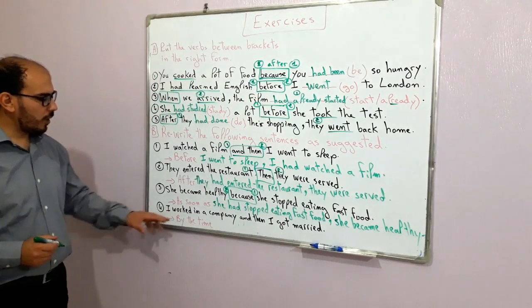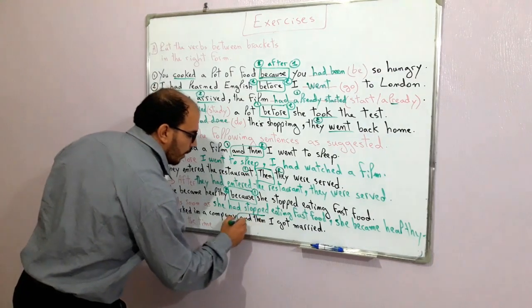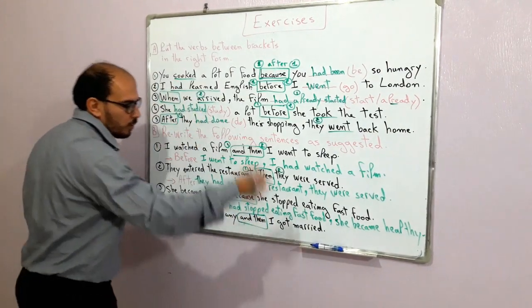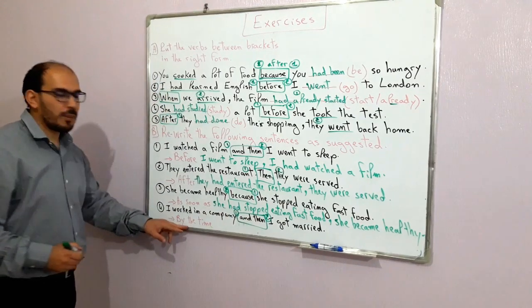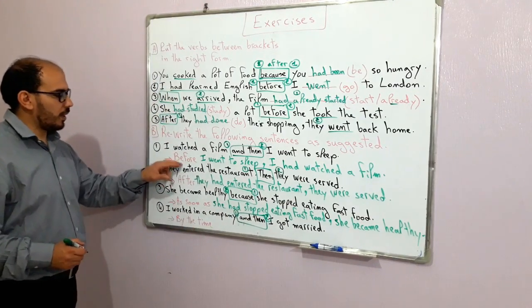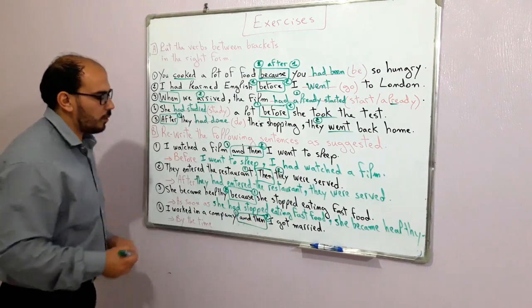The last example, I worked in a company and then I got married. So we have and then, which means what comes next. This is two and this is one. And they have by the time, it is like before. So by the time I have two, then we have one.